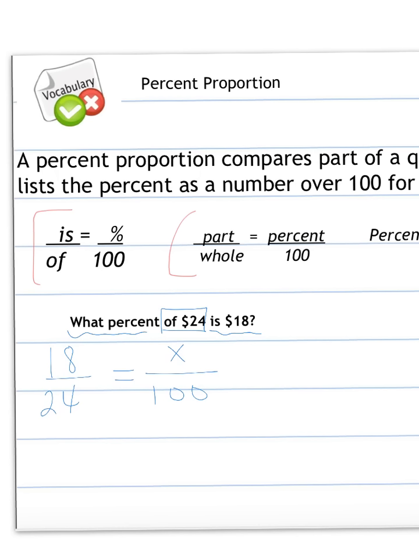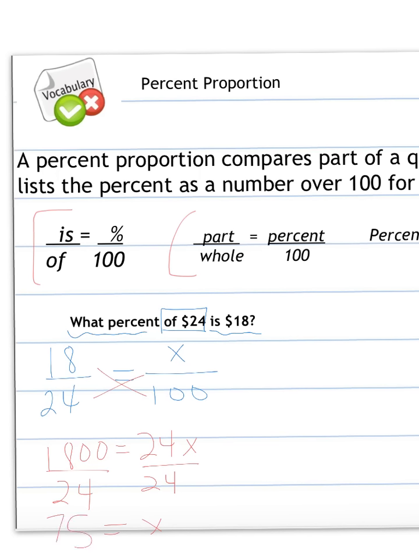Then we use our solving proportion methods of cross multiplication. 18 times 100 is 1,800 equals 24x, and then since we're doing multiplication, to solve for x we do division, so divide each side by 24, and x equals 75.